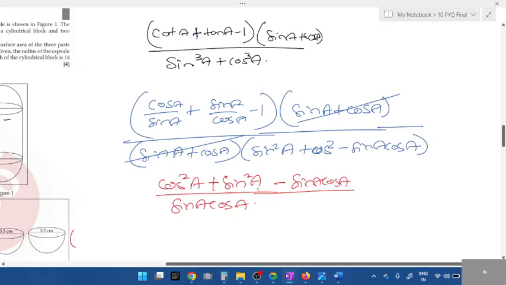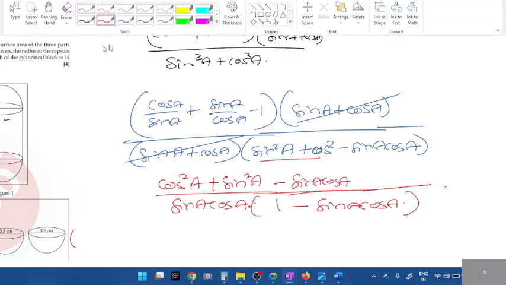So divided by this part, I'll just write it here. See this denominator, when there are two denominators, write it in a bracket. What is sin square A plus cos square A? In the denominator, what's the value? 1. So 1 minus sin A into cos A. What about the numerator, students? What is cos square A plus sin square A? 1.